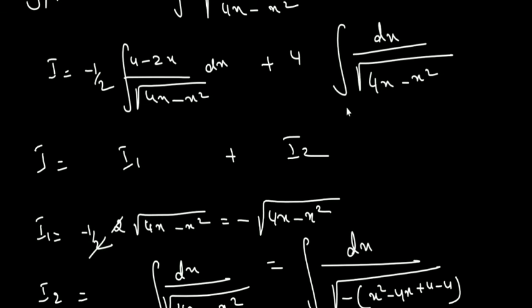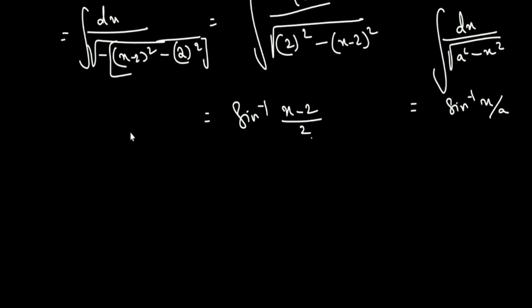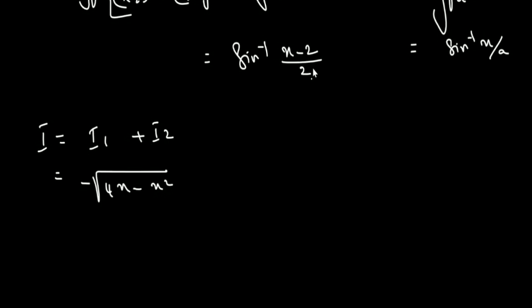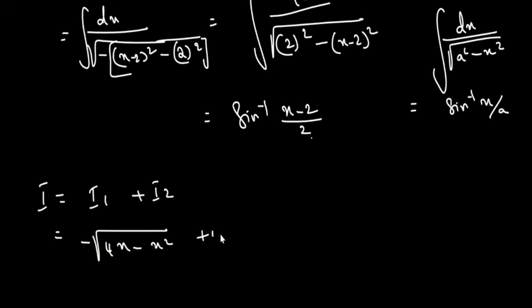So the final answer is I is I1 plus I2. I1 is minus root of 4x minus x square. I2 is plus 4 into sine inverse of (x minus 2) by 2, plus c.